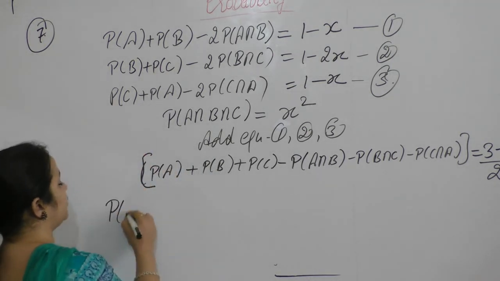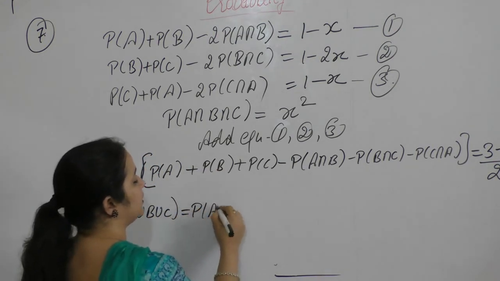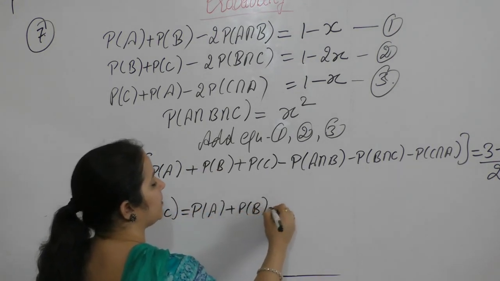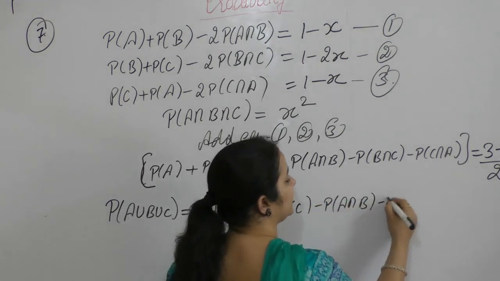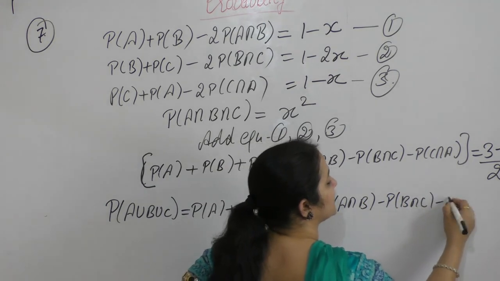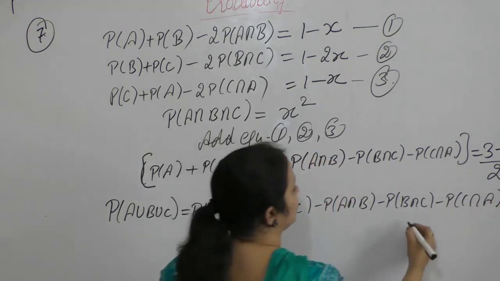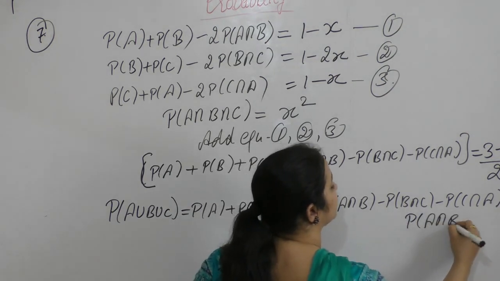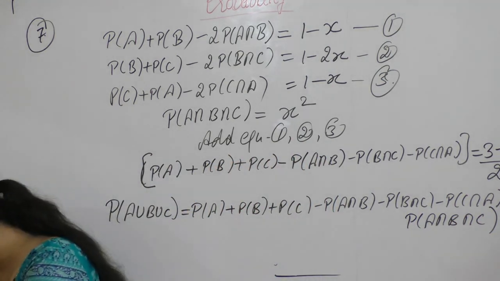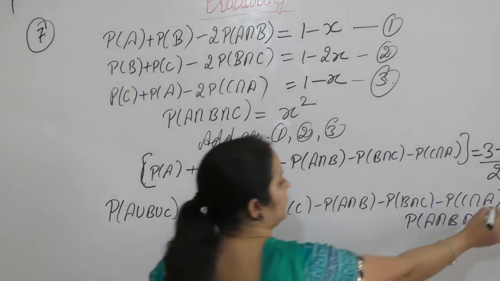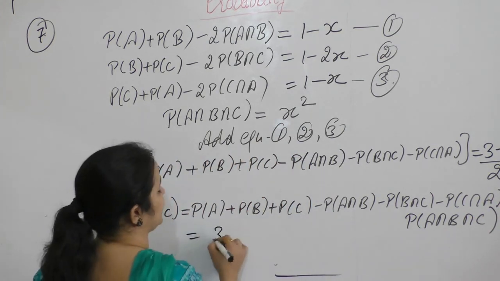At least one out of, that is A union B union C, equals probability A plus probability B plus probability C minus probability A intersection B, B intersection C, C intersection A, minus probability A intersection B intersection C. Now we have the value of this as 3 minus 4x.